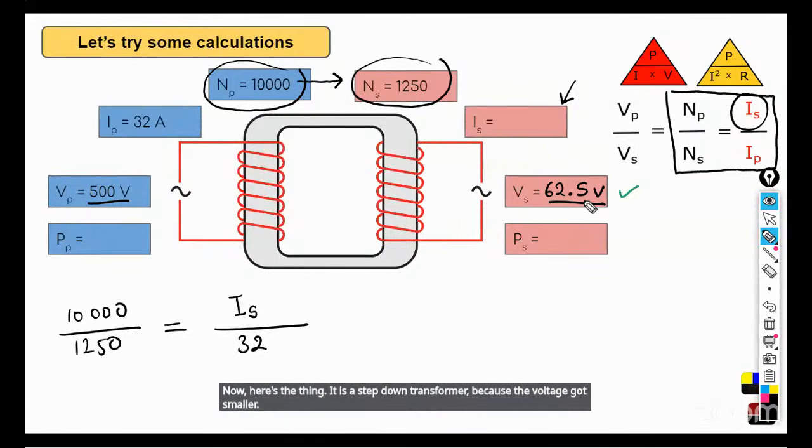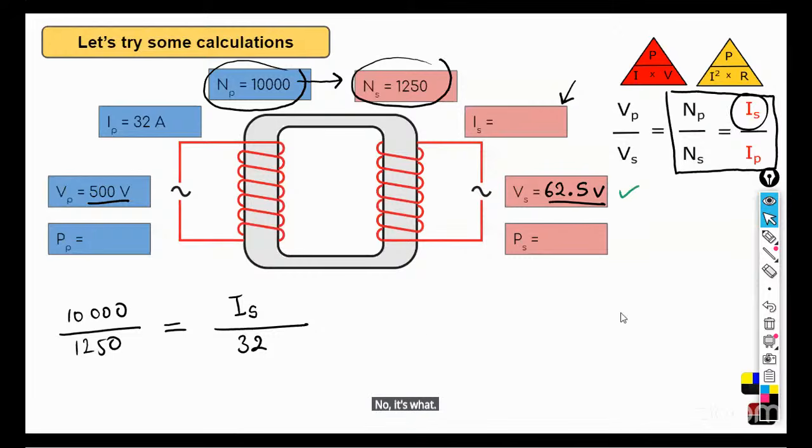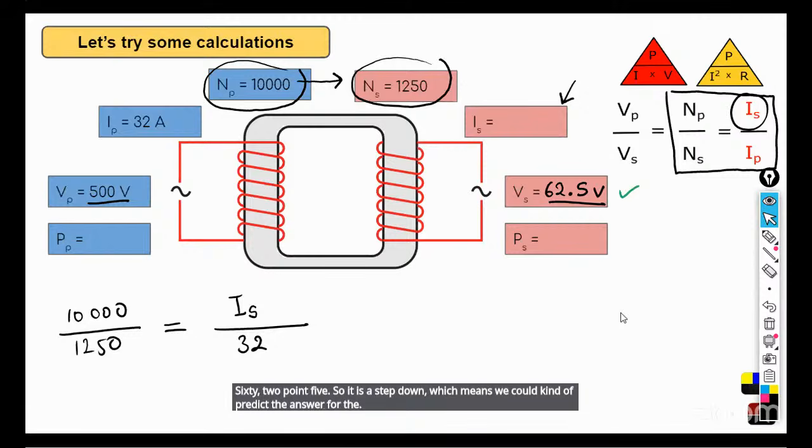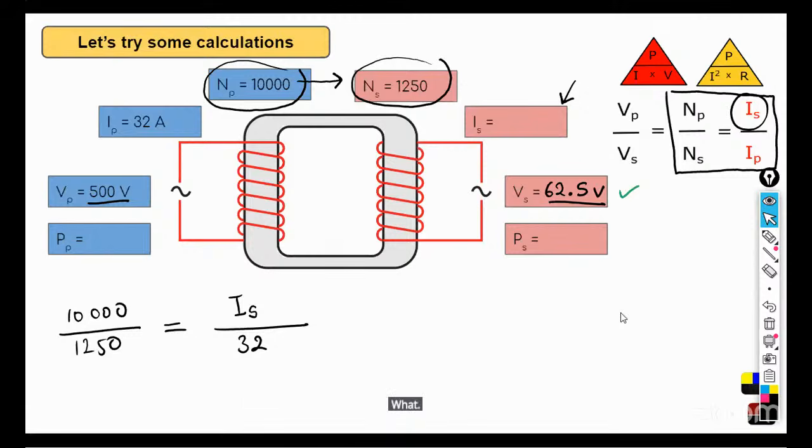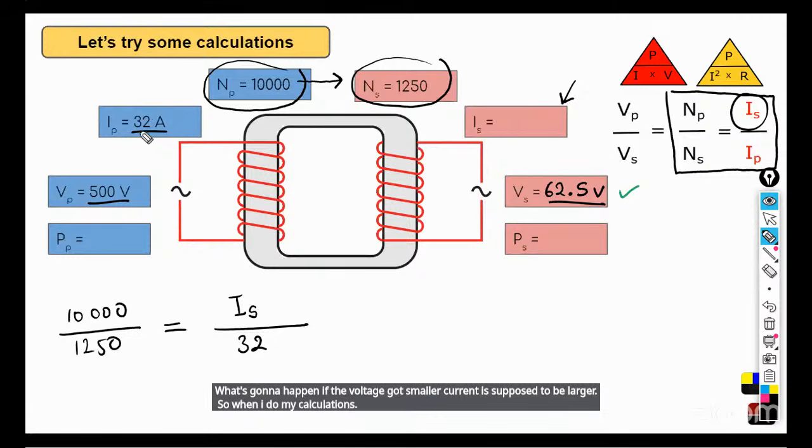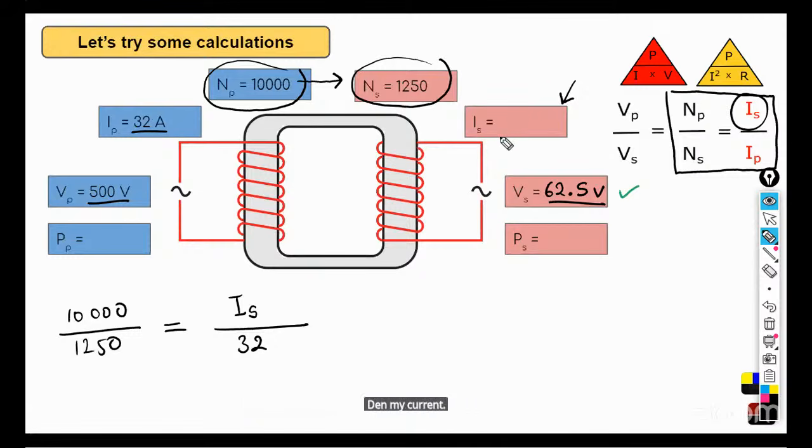It was 500, now it's 62.5. So it is a step down, which means we can predict the answer for the current. If the voltage got smaller, the current is supposed to be larger. So if the current started off at 32, then my current is supposed to be larger than 32. Let's see if that actually happens.